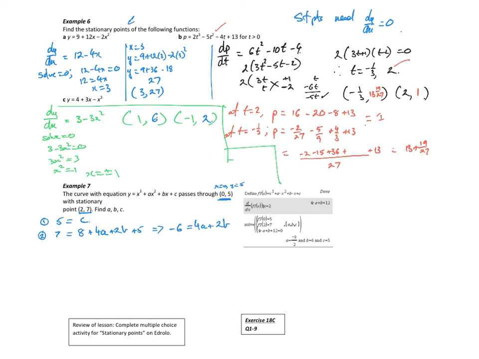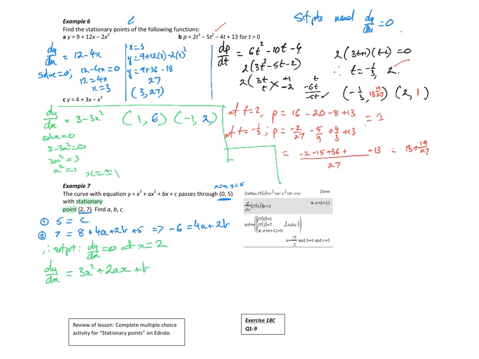Now, what other equation? Another point. What bit of information haven't I used? I haven't used the fact that it's a stationary point. So what does that mean? If it's a stationary point, so the stationary point means dy dx is equal to 0 at x equal to 2. So find dy dx. Dy dx is equal to 3x squared plus 2ax plus b.